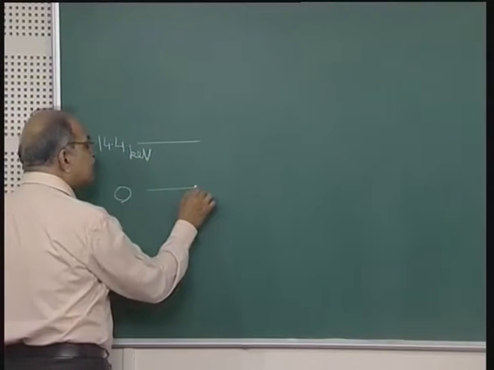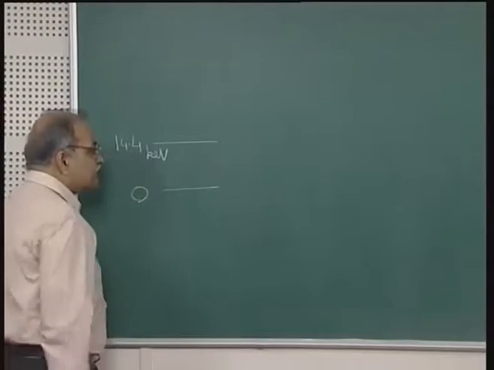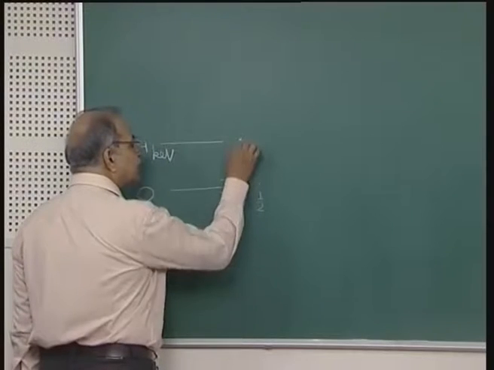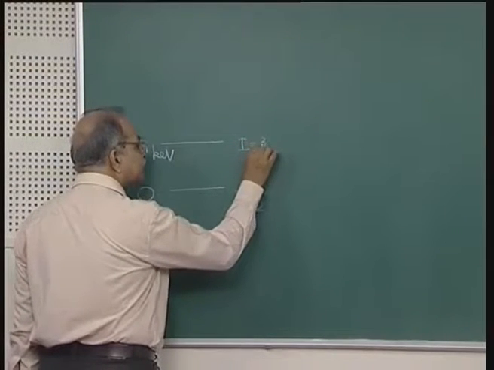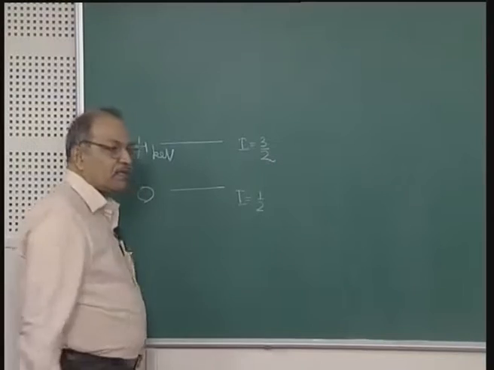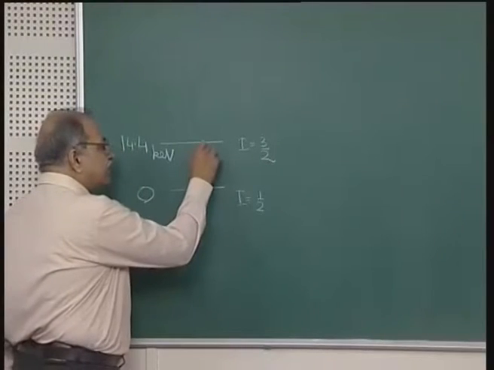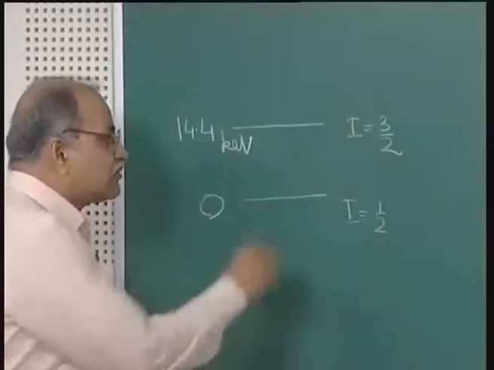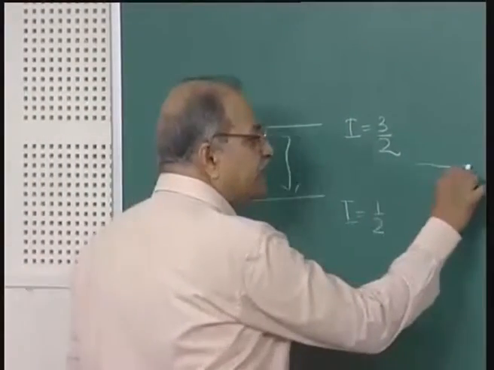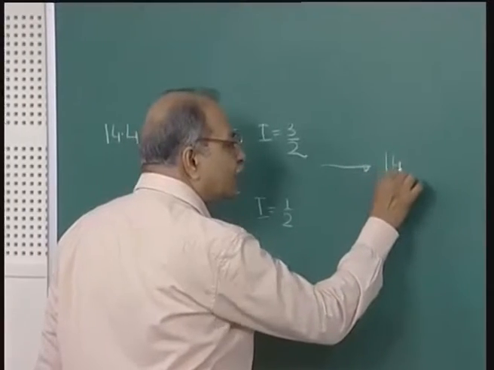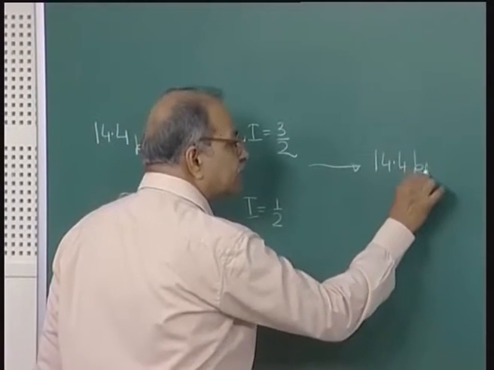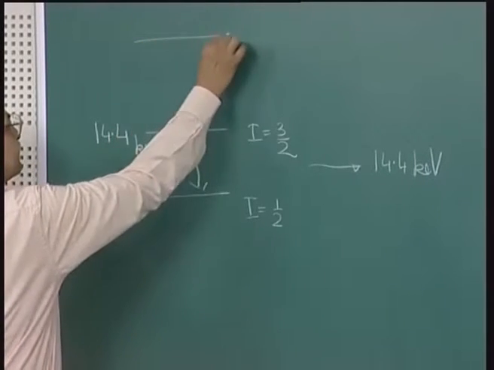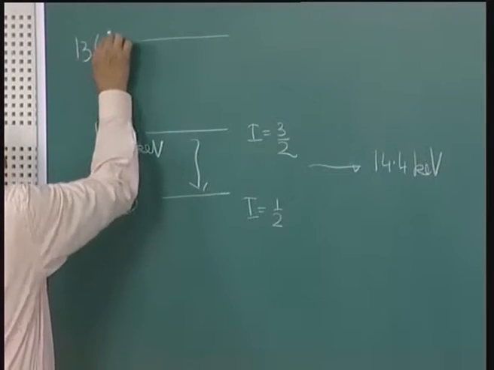This is the ground state and this is the first excited state. The spin is half here and spin is 3/2 here. And when iron nucleus is in the first excited state and decays to the ground state, it will emit a gamma ray, supposedly 14.4 keV. The next one is at 136 kilo electron volt.